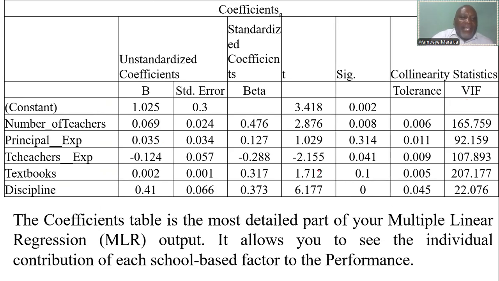Remember that we said the number of teachers is represented by X1, principal's experience is X2, teacher's experience is X3, the textbook is X4, and the discipline is X5.